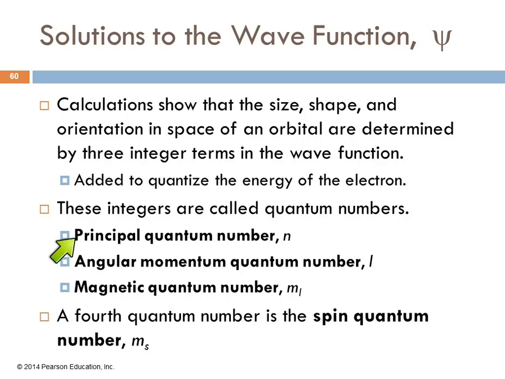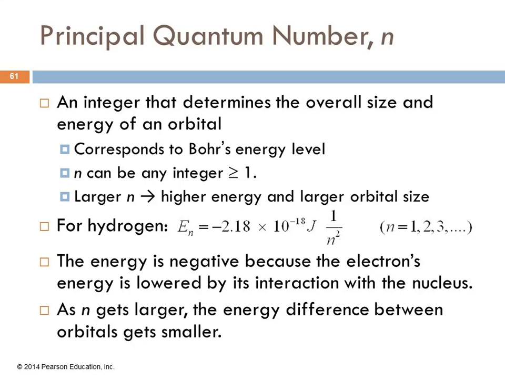There's the principal quantum number, which is n. There's the angular momentum quantum number, which is L, which unfortunately looks a lot like a 1, but it's an L. And then there's the magnetic quantum number, m sub L. And then there's one more, the spin quantum number, m sub s. Not sure where they got those letters, but we have to deal with it. So let's talk about them in order.